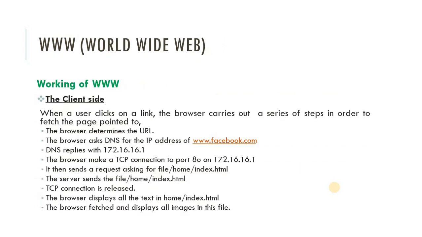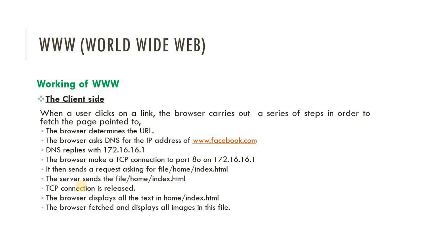Now let's understand how WWW works on the client side. When a user clicks on a link, the browser carries out a series of steps in order to fetch the page pointed to. The browser determines the URL. The browser asks DNS for the IP address of that URL. Suppose the DNS replies 172.16.16.1. So DNS is responsible for converting that name into the IP. The browser makes a TCP connection to some port number.